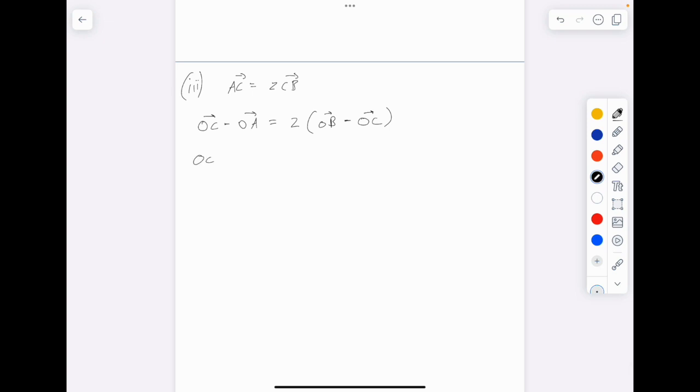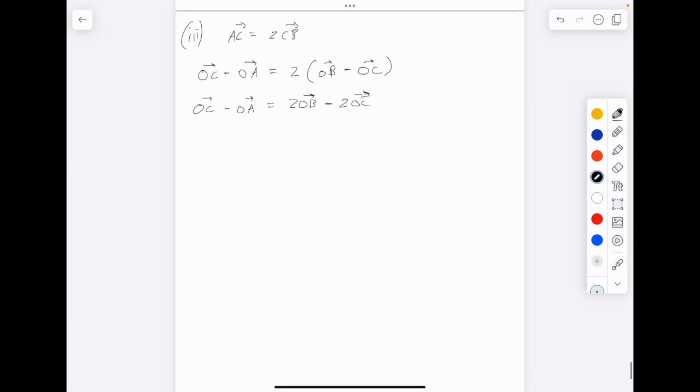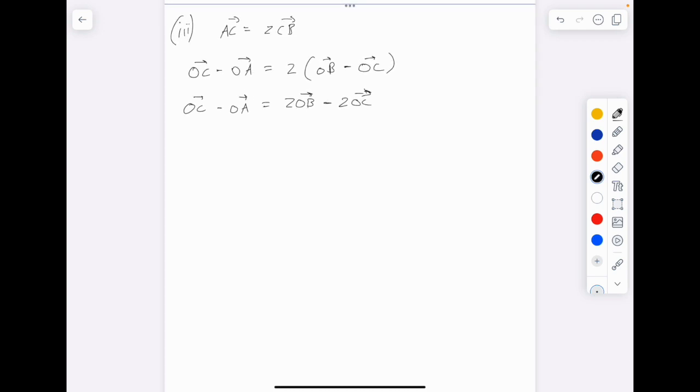So OC minus OA is equal to 2 times OB minus 2OC, okay? So from there on we can say 3OC is equal to 2OB plus OA.